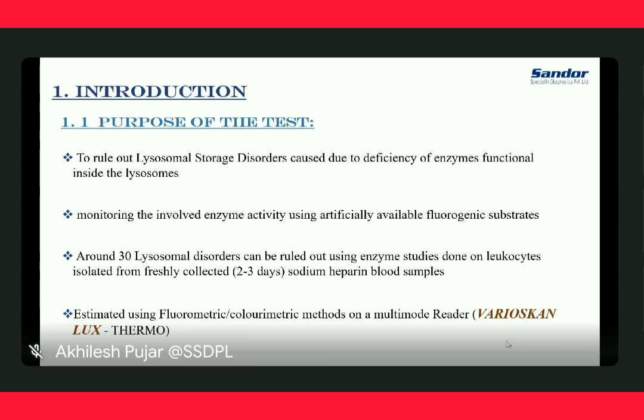But also remember, these are very rare disorders, and out of those 50 disorders we rule out the 30 most important and most commonly found disorders in the population. These 30 disorders majorly cover the most crucial enzyme dysfunctions that are observed, and we almost cover all of the important ones.